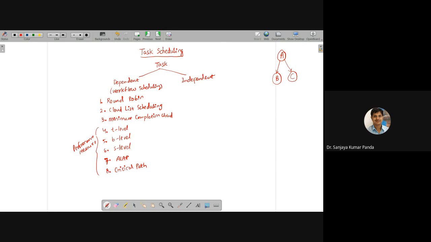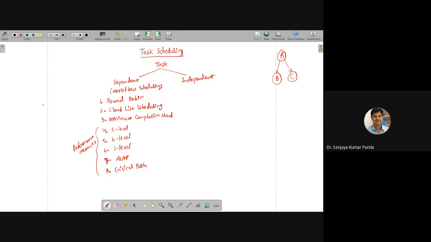But whether it is a dependent task or an independent task, our objective is to order the execution of these tasks. Order means suppose T1, T2, T3, you are finding an order that is T2, T3, T1. That is an order. So you have to order these tasks in such a manner that the overall completion time, which we call makespan, is going to be minimized, right?